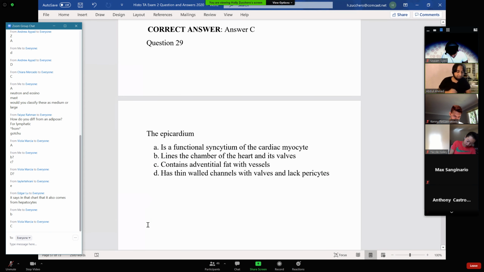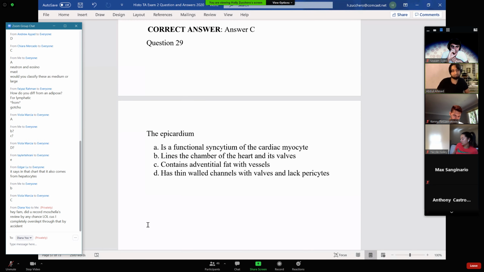All right, the epicardium. I'll give you a little bit of time for this. Does anyone know the answer? I mean, we already went over it, but repetition is always good.